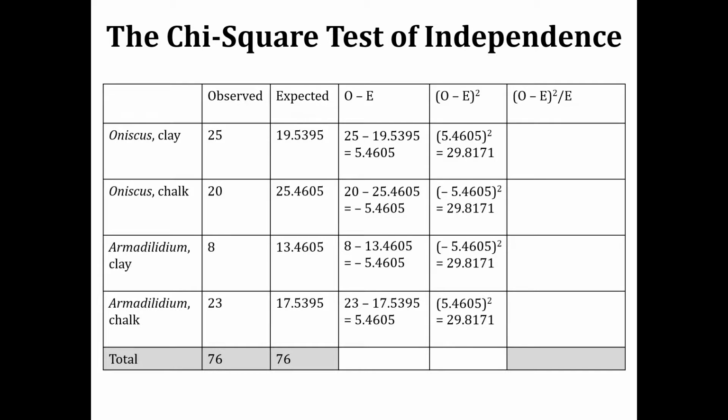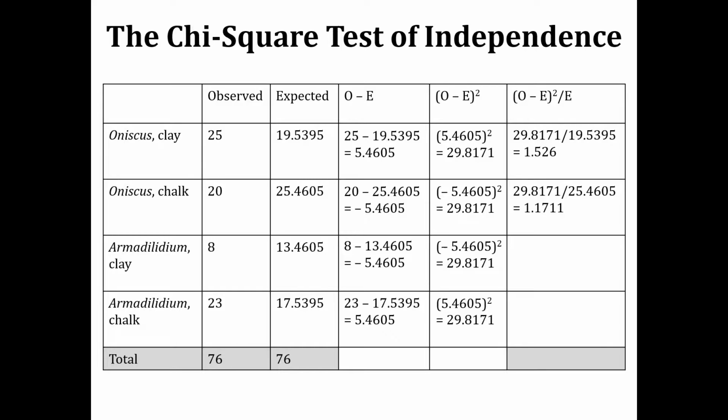So we take the square of the difference between the observed and expected frequency of Oniscus clay, which is 29.8171, and divide it by the expected frequency of Oniscus clay, which is 19.5395, and our answer is 1.526.